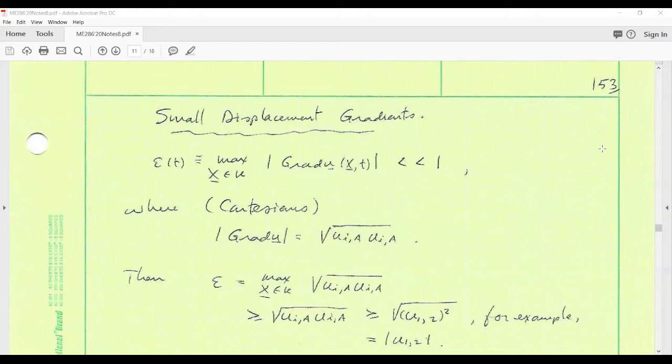And consistent with that, we'll assume that, let me rephrase that. The displacement gradient deviates only slightly from this shifter we introduced. We'll also assume that the plastic deformation deviates only slightly from the identity.